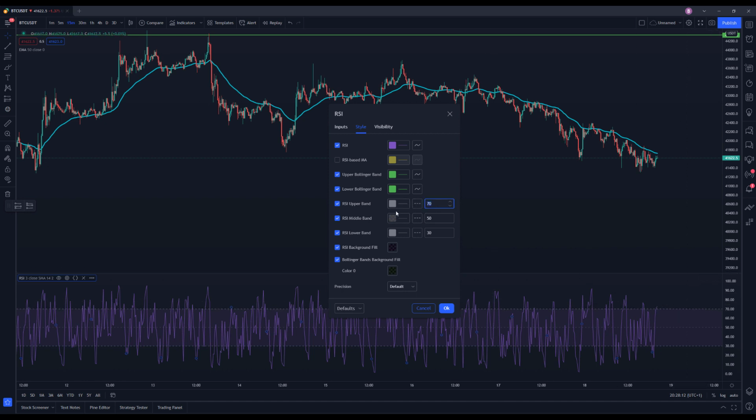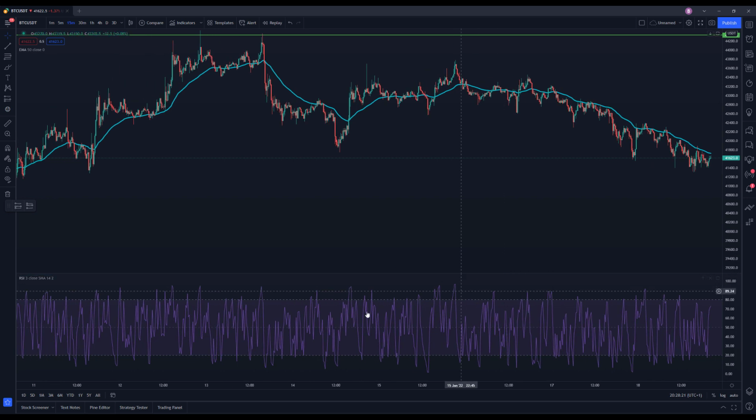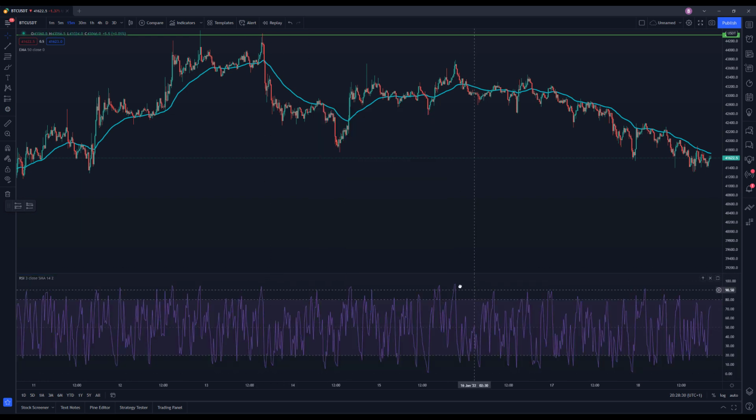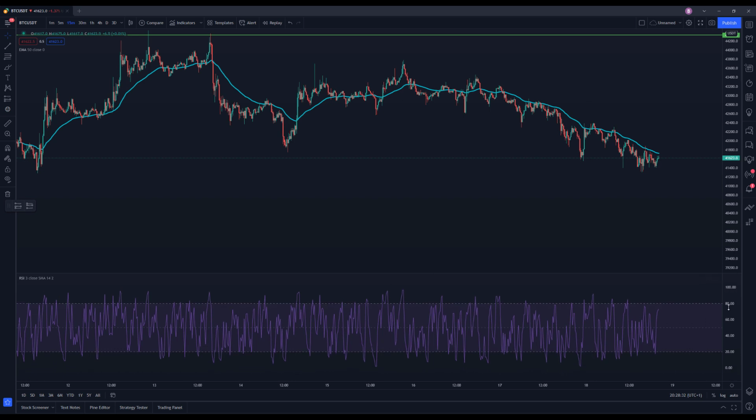We are going to put it on 80, otherwise we have too many signals. And the lower band is going to be 20. Like this. Of course you can still change the colors and stuff, but that doesn't change anything of what we are going to accomplish. So the RSI is done.